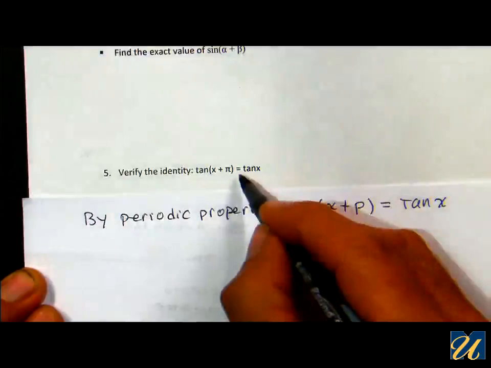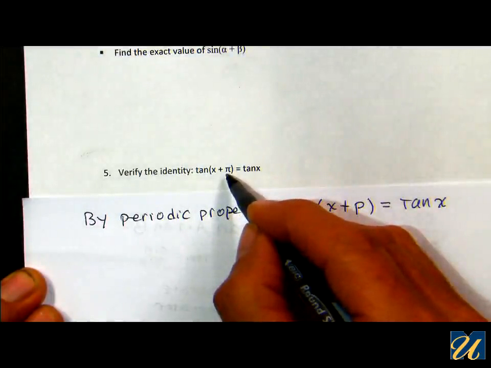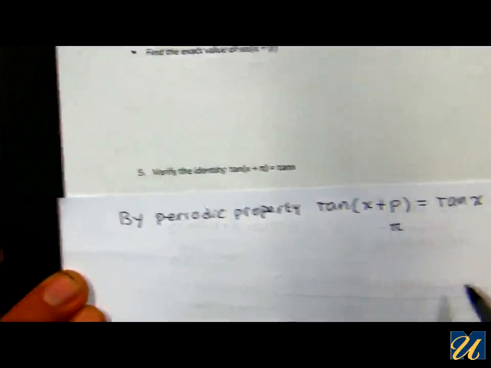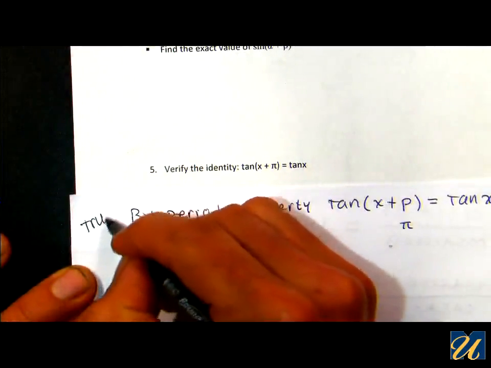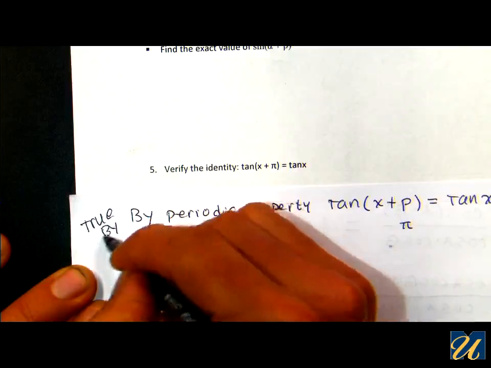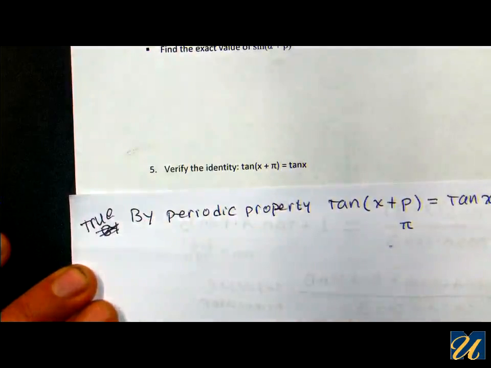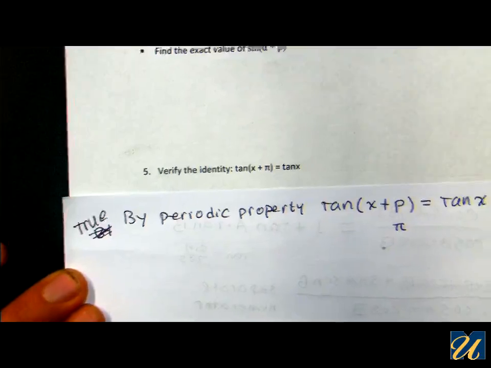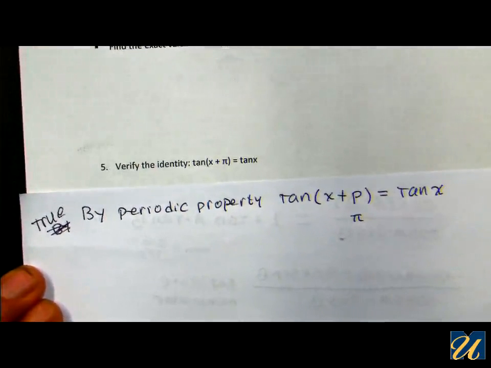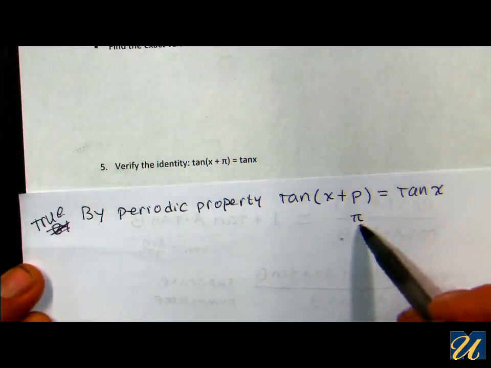And we have our period right here. So this is true by periodic property, so we could write in here true by periodic property, that tangent of x plus pi equals the tangent of x, as long as the p is the period, and it is.